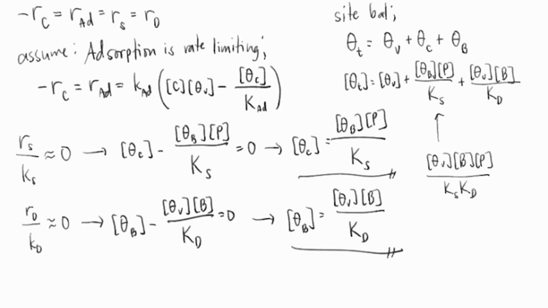Now, at this point, if you take a look at our site balance, we only have two concentrations for active sites. We have the total number of active sites and we also have the total number of vacant sites. We can now extract the concentration of the vacant active sites.